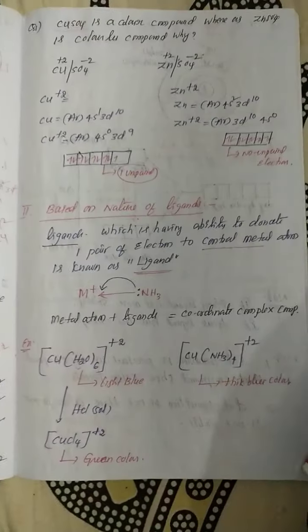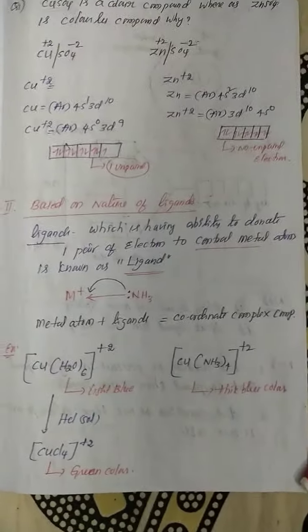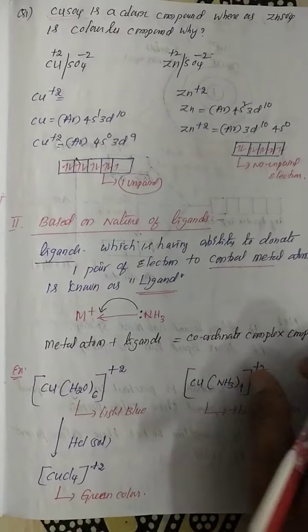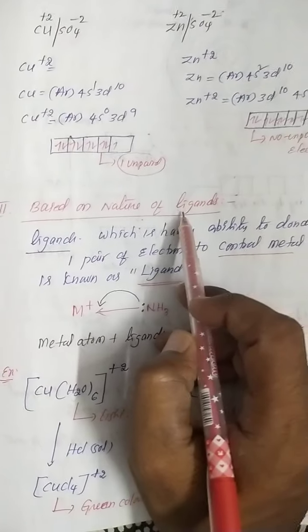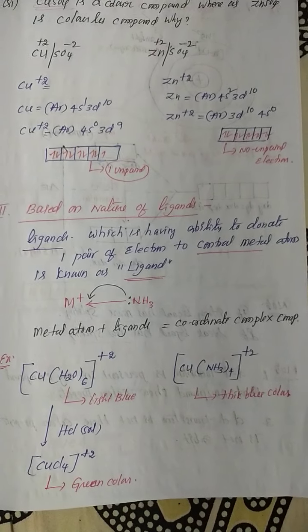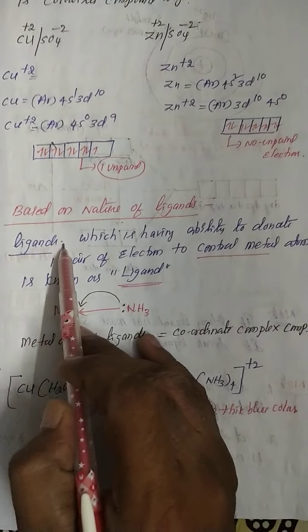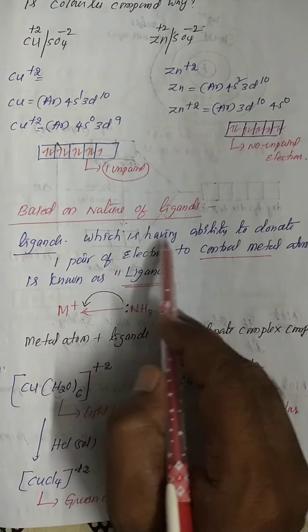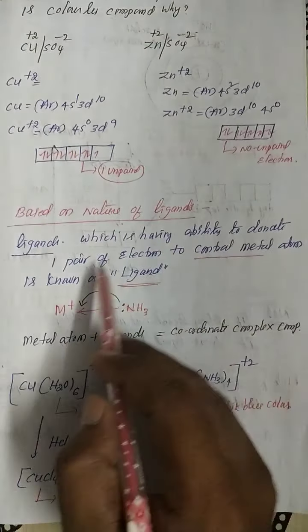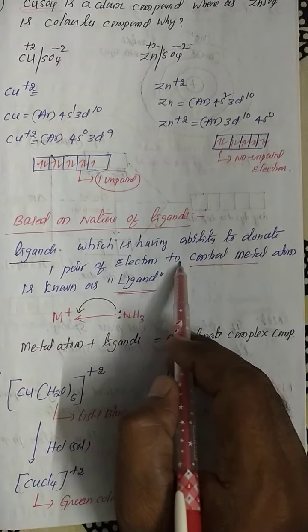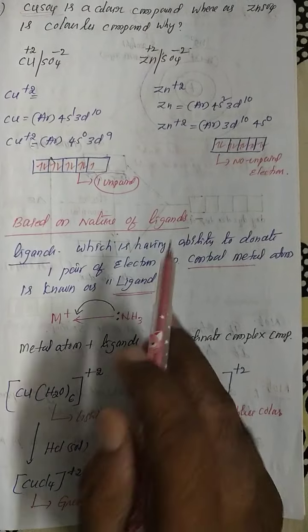The next one is based on the nature of ligands. This is the most important word, especially in the complex compounds category. What is a ligand? See carefully. Something which has the ability to donate one pair of electrons to the central metal atom is known as a ligand.